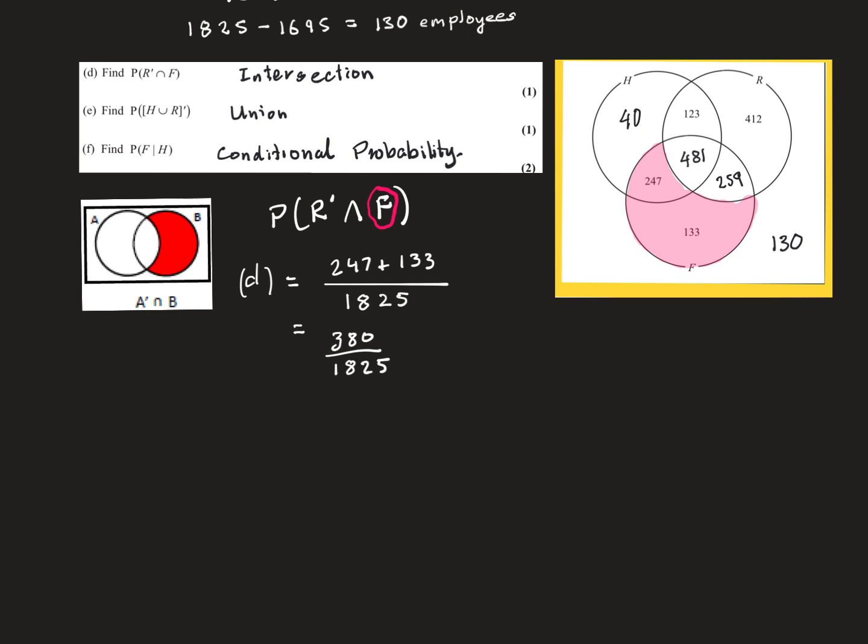I can straight away see that I can divide this all by 5, so that'll give me 76 over 365, and it's always nicer to simplify them. You don't have to put it into decimal. You can if you want to, but then you'll have to round it up. And remember that this is the probability, so we should say the probability of R complement intersection F is 76 over 365.